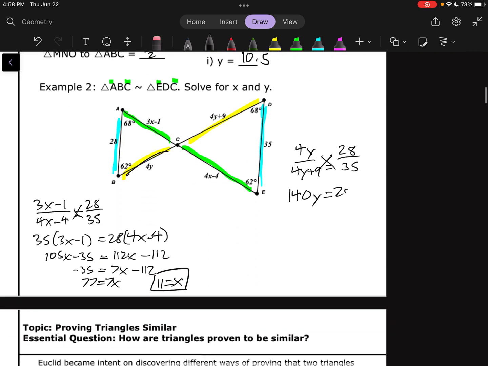And then we're going to have the 28 times 4y plus 9. When I distribute over there, 28 times 4 is 112, plus 28 times 9 is 252. Subtracting the 112 gives me 28y is equal to 252. And dividing is going to give me 9.